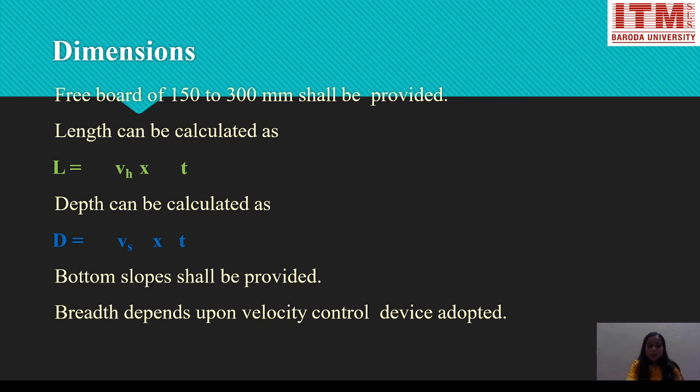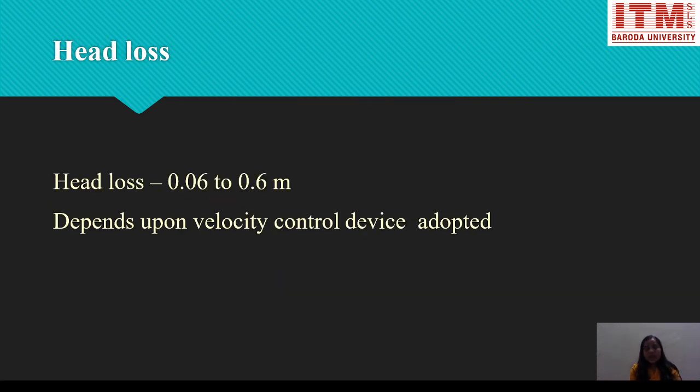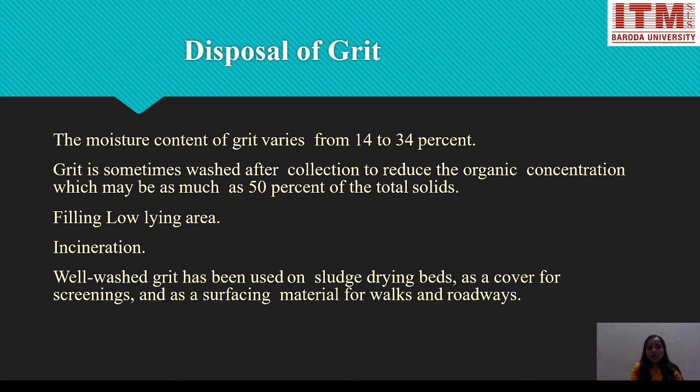So using these equations you can always determine L and D, and your answer should fall in the category of our design criteria which we have discussed. Again, the next important parameter is head loss. Head loss should be 0.06 to 0.6 meter, which depends upon the velocity control device adopted.